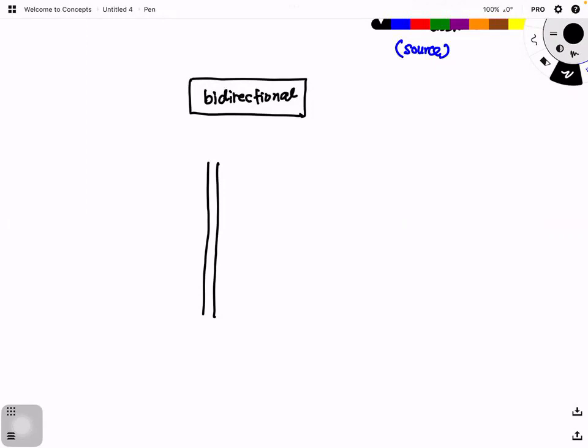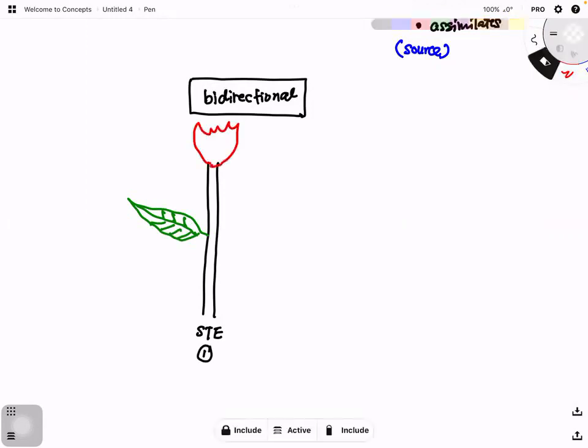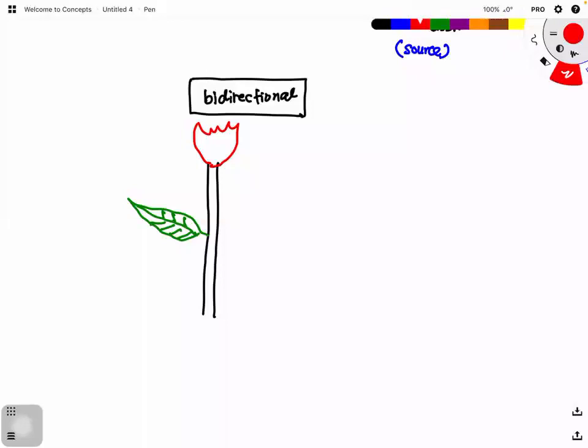So this is the first sieve tube element. If this is where the leaf is, then you have the flower, and we have the roots. Sorry, let me draw this. Okay, draw the roots.